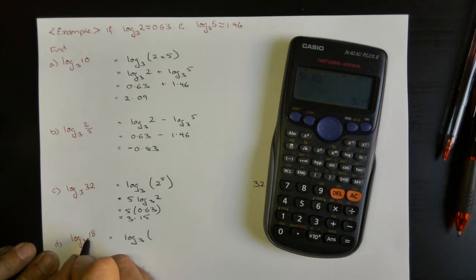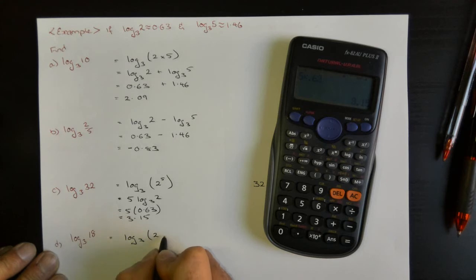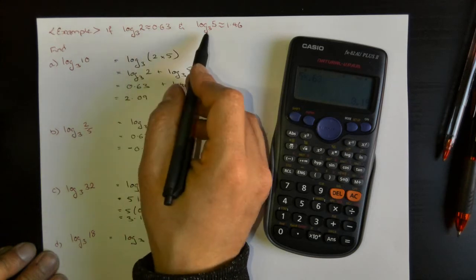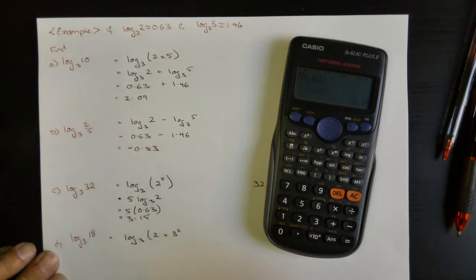Now this one, 18, that's going to be 2 times 3 squared, because I've got 2's and 3's. So that's the same as log base 3 of 2 plus log base 3 of 3 squared.